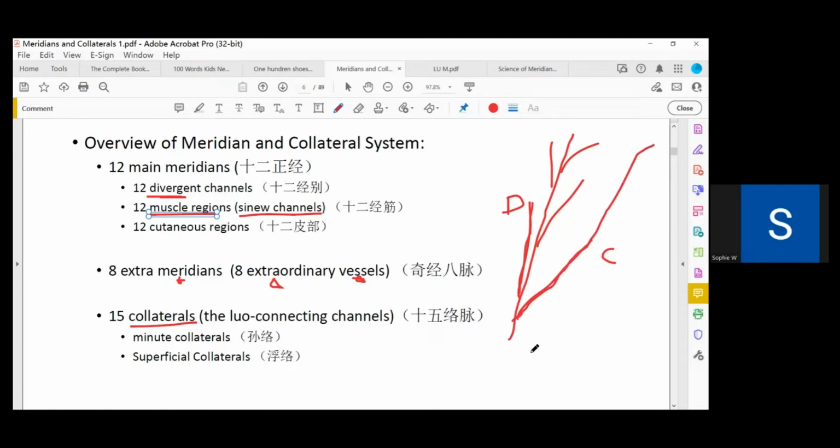The divergent is long. On the collaterals, there are some small branches too, and on the small branches, there are even smaller ones.